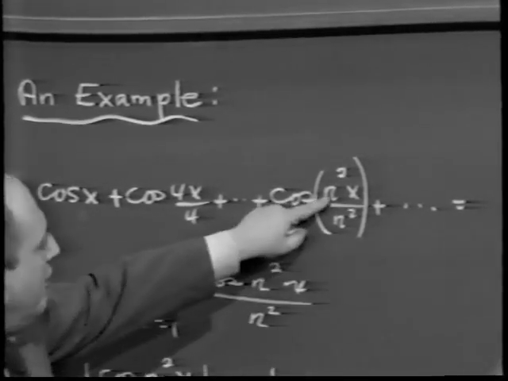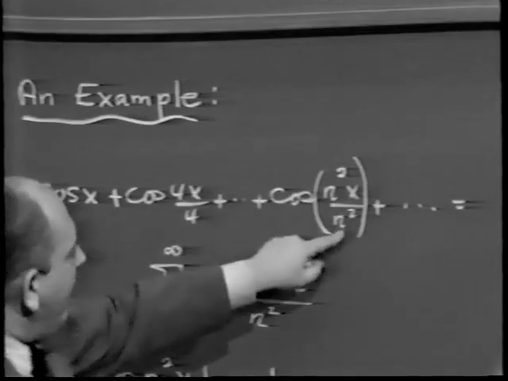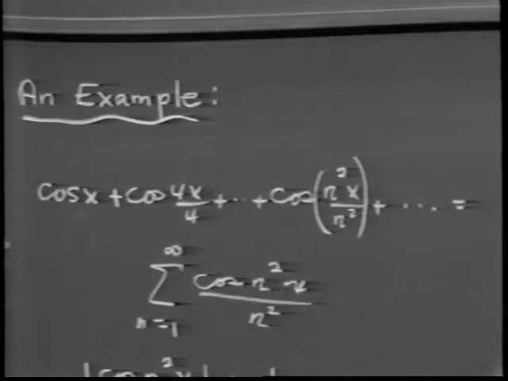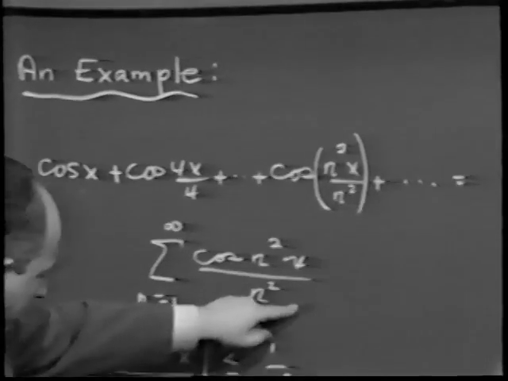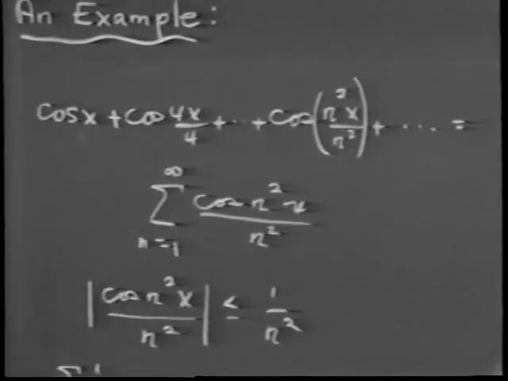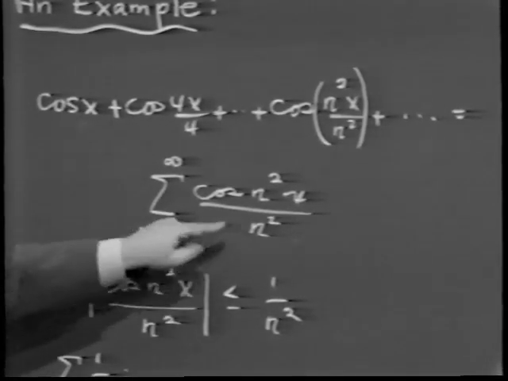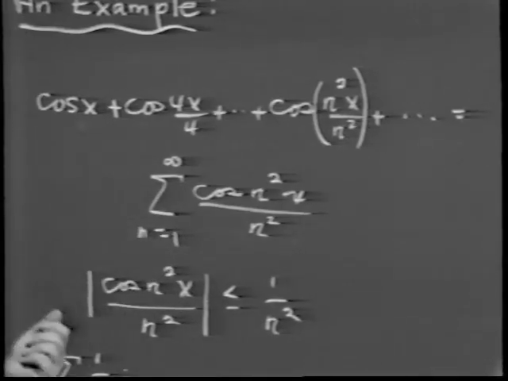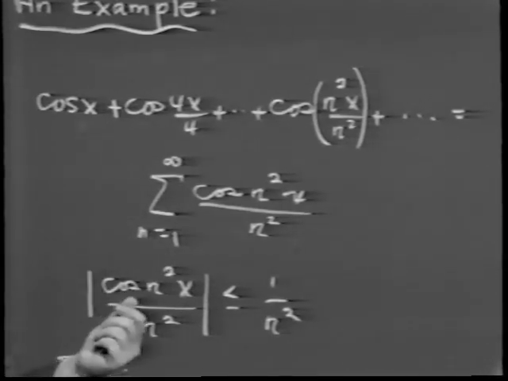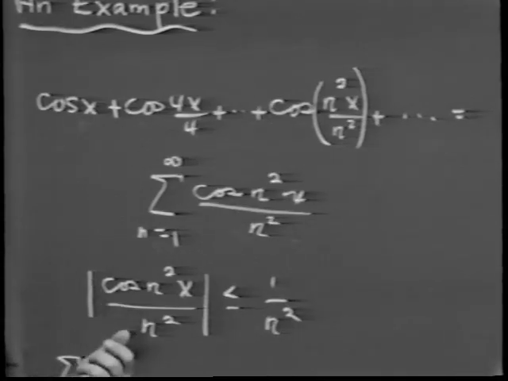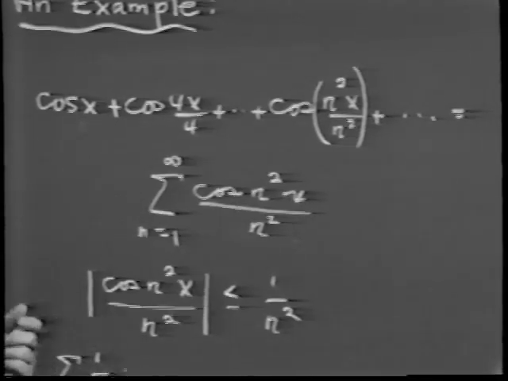For example, the third term would be cosine 9x over 9, etc. And I now want to look at the limit function here. See, is this a convergent series? Is it absolutely convergent? Is it uniformly convergent? What is it?